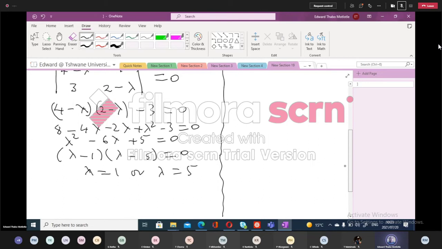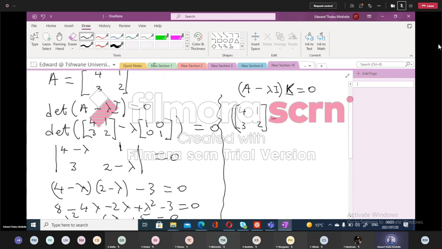So I'm going to solve using lambda equals 1. So this means our lambda is 1 and our identity is still 1, 0, 0, 1. Okay, and here we have K1, K2, equals 0.